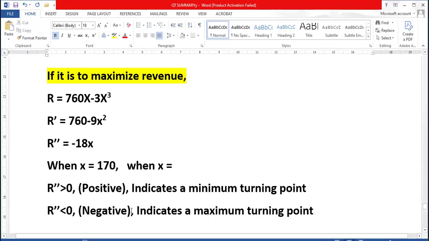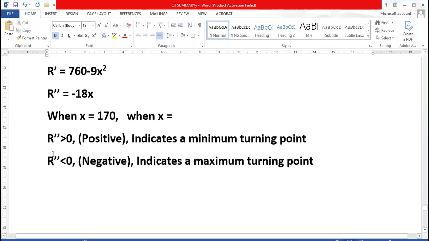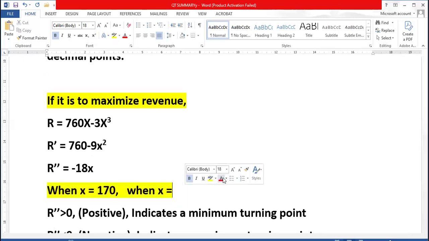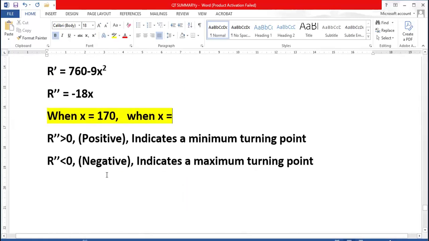So when you substitute a value of x in your second derivative and you get a negative result, it means that value of x has helped you know the value of x that can help you to maximize the revenue or the profit. That's how we test.